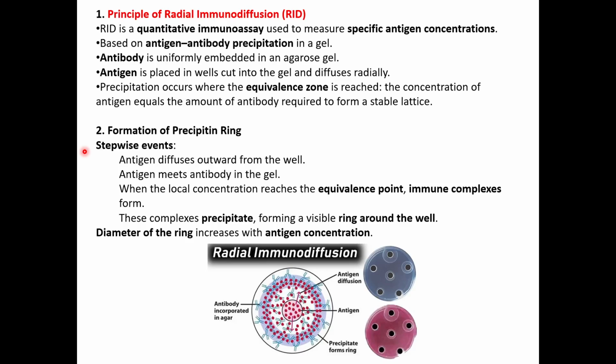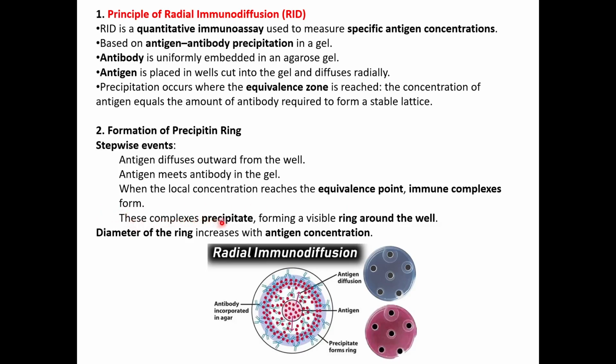Stepwise events occur. Antigen diffuses outward from the well. Antigen meets antibody in the gel. And when the local concentration reaches the equivalence point, immune complexes form.